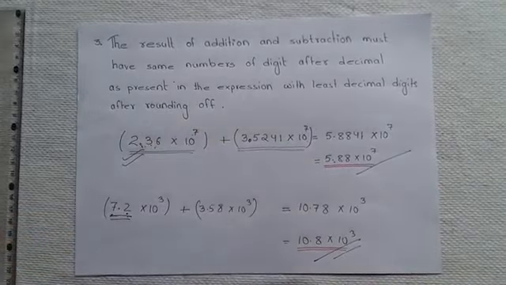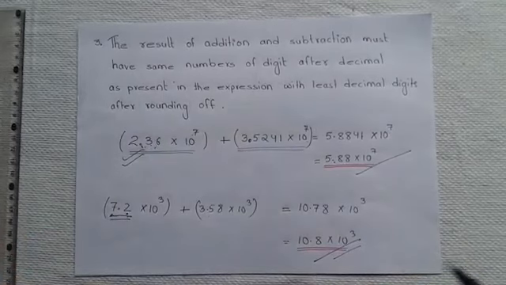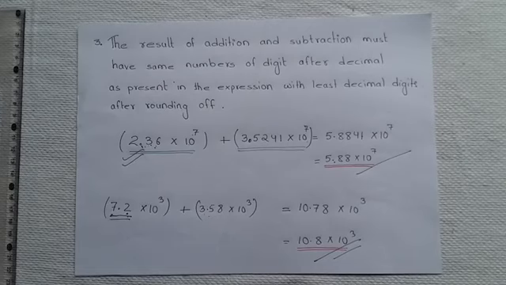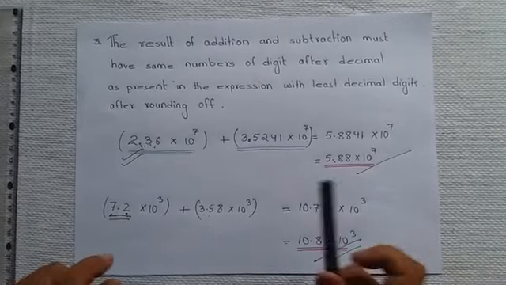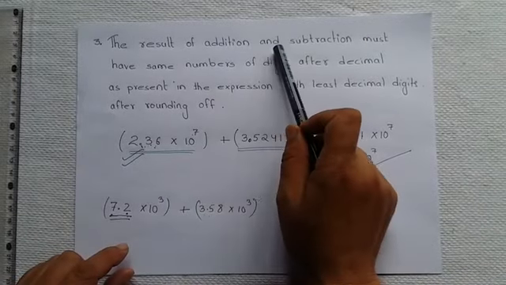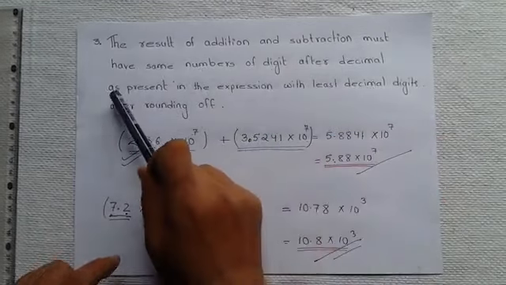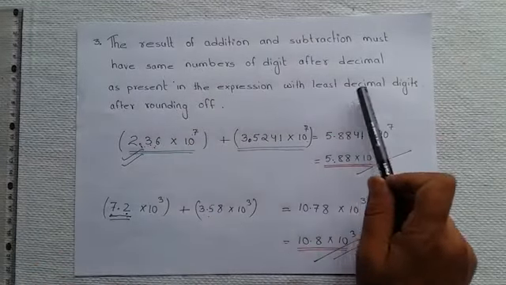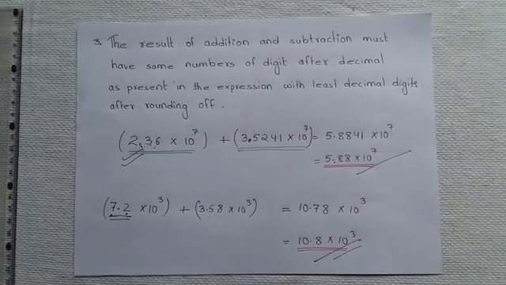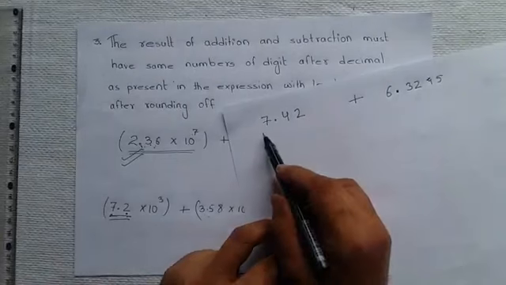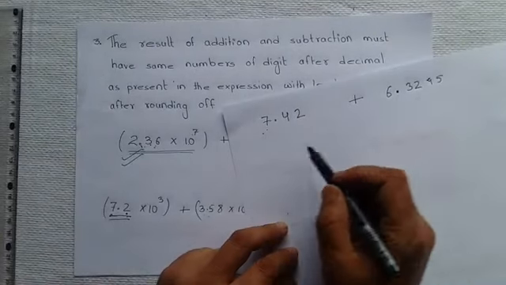The result of addition and subtraction must have the same number of digits after the decimal as present in the expression with the least decimal digits after rounding off. Once again, the result of addition and subtraction must have the same number of digits after the decimal as present in the expression with the least decimal digits. What this means is that suppose we need to add two numbers with decimals.